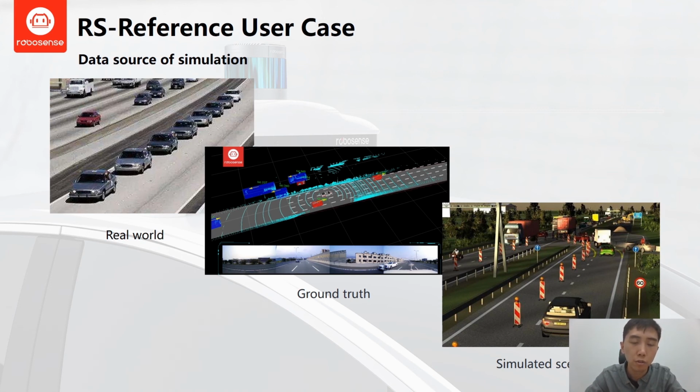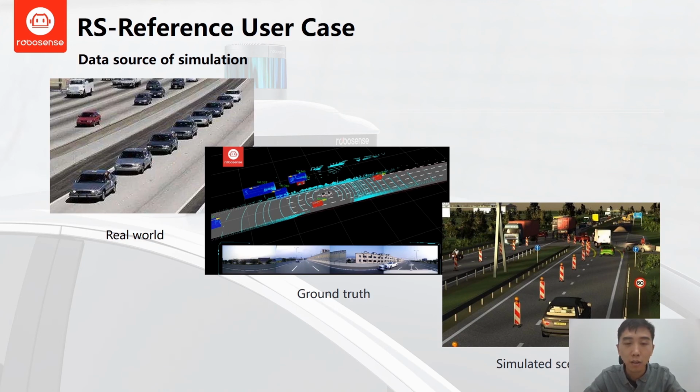Right now, the traffic flow is generated by some software or some algorithms in the simulation. If we use a reference system, we can transfer all this ground truth data into the simulation software as traffic flow data.